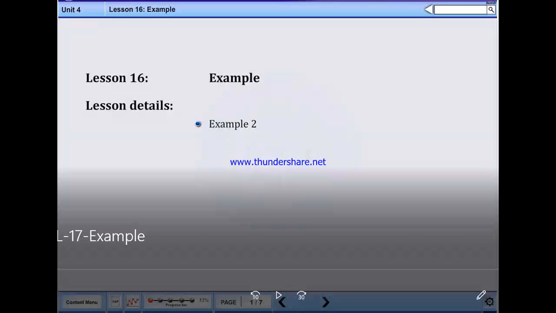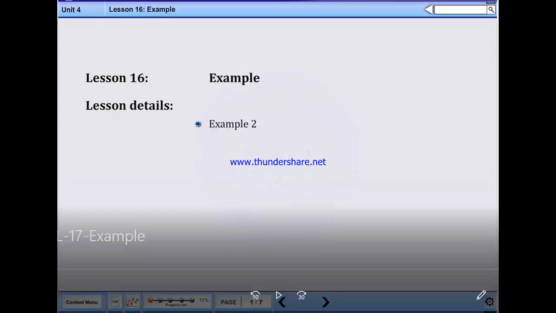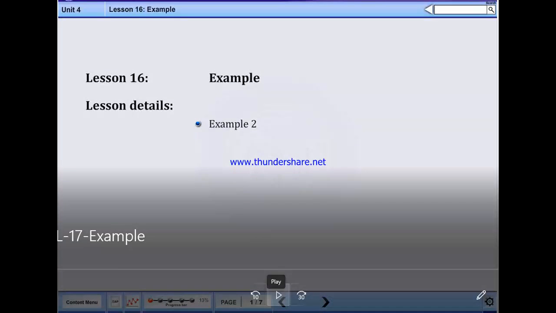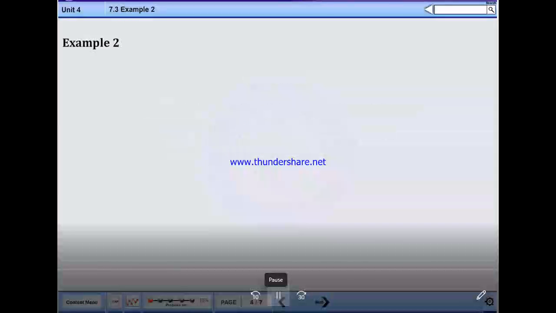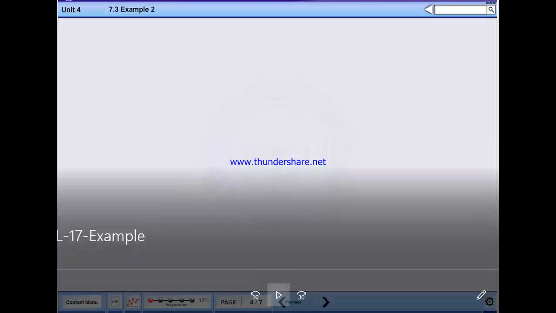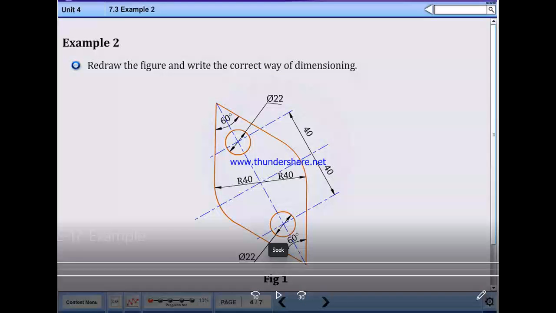Now we learn some more examples. That is example number 2 with the previous background. So note down the figure, redraw the figure and write the correct way of dimensioning.